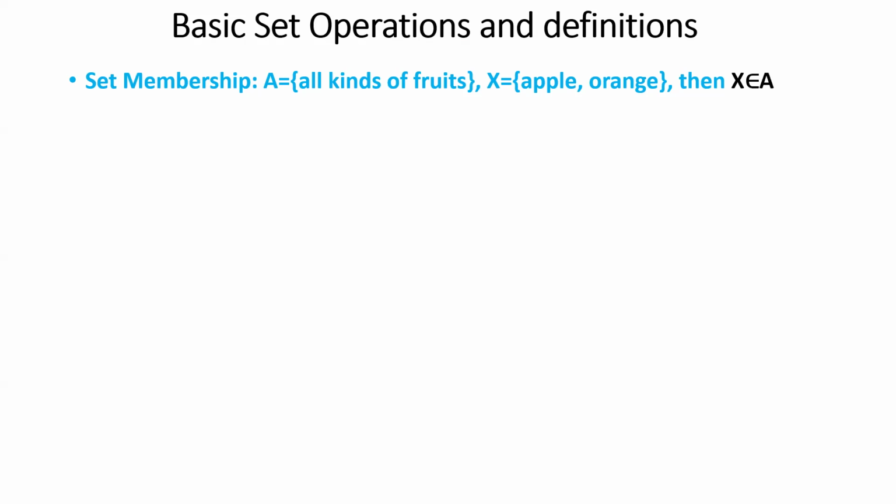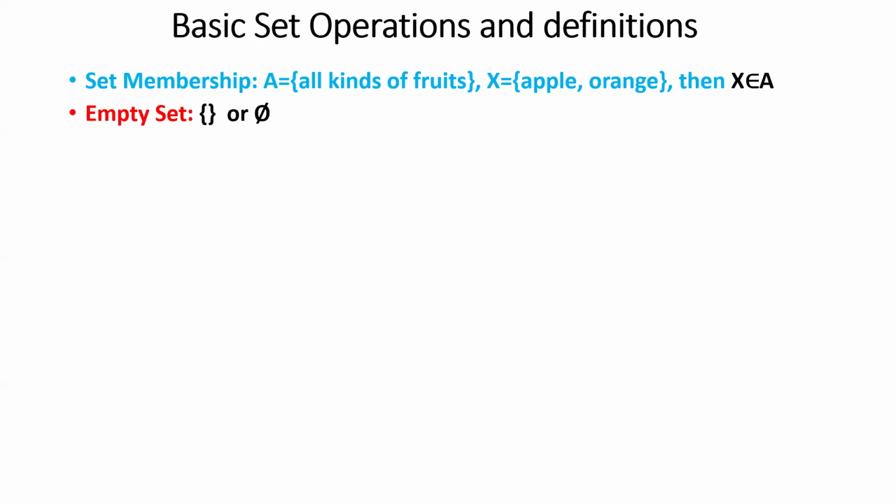We use the symbol epsilon to indicate set membership. For example, if A is a set whose elements refer to all kinds of fruits, and X is a set containing fruits like apple and orange, we then say X belongs to A, or symbolically as X epsilon A.